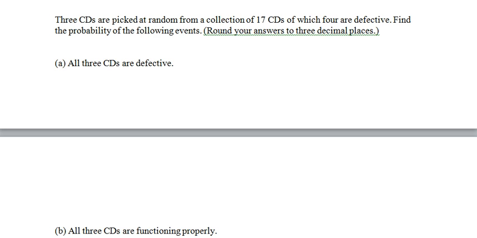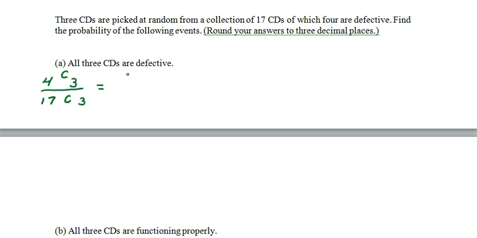Well, since there are 4 defective CDs, we would have 4C3. We'd have to pick 3 out of 4 of the defective CDs. And there are 17 CDs to pick from, so 17C3 would be our denominator.